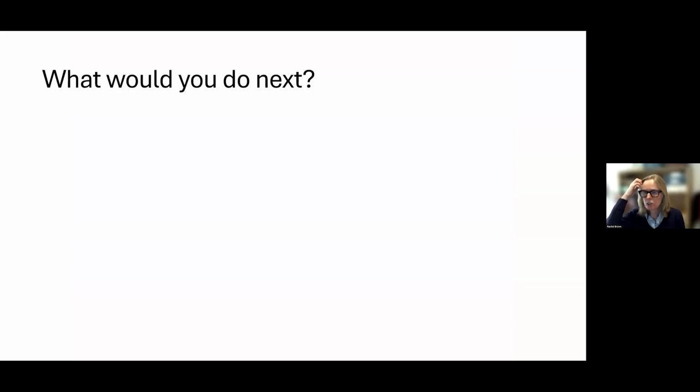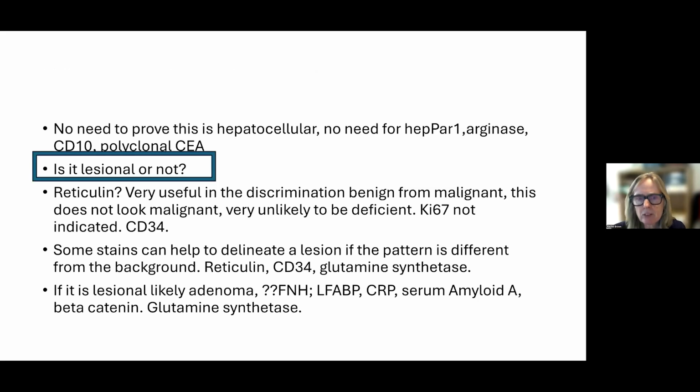with this biopsy? So young woman, we know the background's non-cirrhotic. This biopsy has been sent as being from a mass-forming lesion. What are those questions? So I would propose that in this case, I don't think there's any need to prove that we're looking at hepatocellular tissue here.